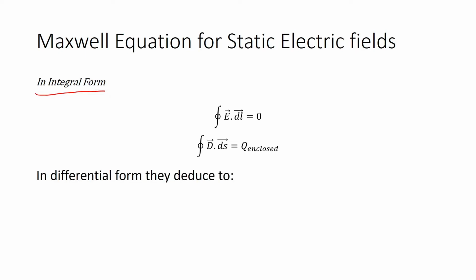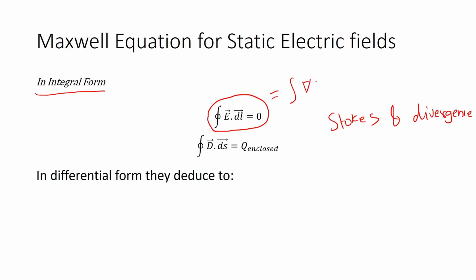In differential form, we can deduce them using the Stokes theorem and divergence theorem. Stokes theorem relates the closed path integral to an open surface integral: the closed path integral of any vector field is equal to the open surface integral of the curl of that vector field.